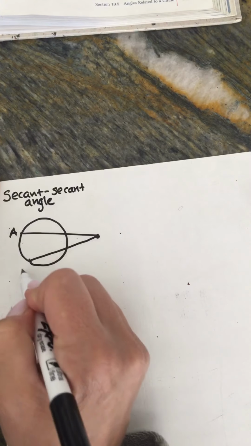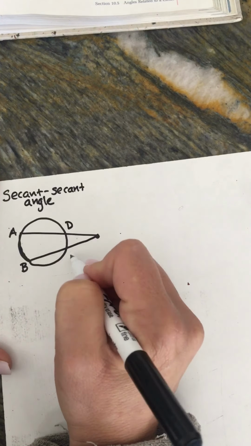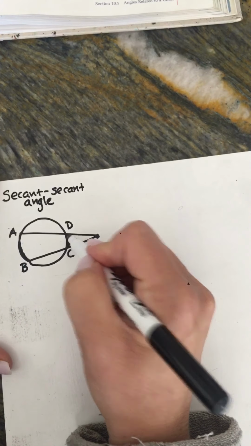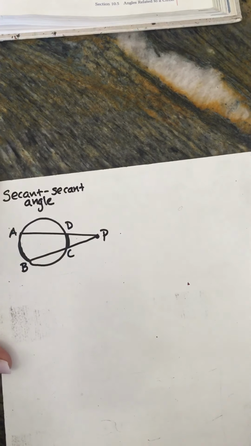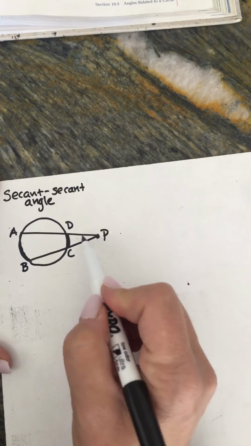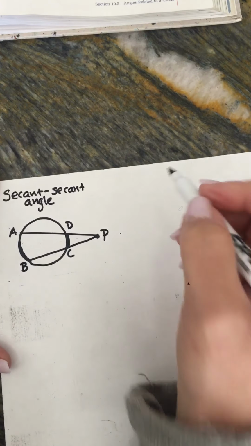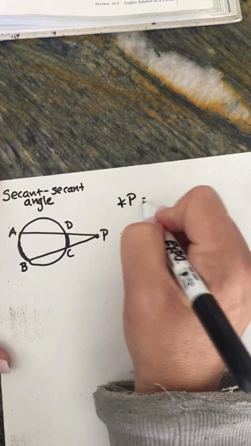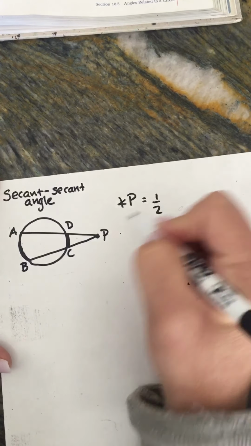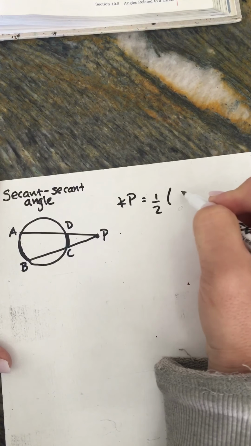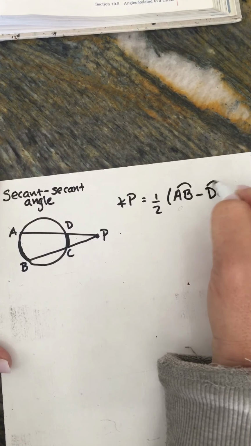This is AB, so this arc is intercepted, and then we have arc CD, this guy here. And then we'll call this point P. So we have this angle P, and then we have arc DC and arc AB. So angle P is equal to half of the difference of the arcs. Make sure that you do large arc minus small arc.